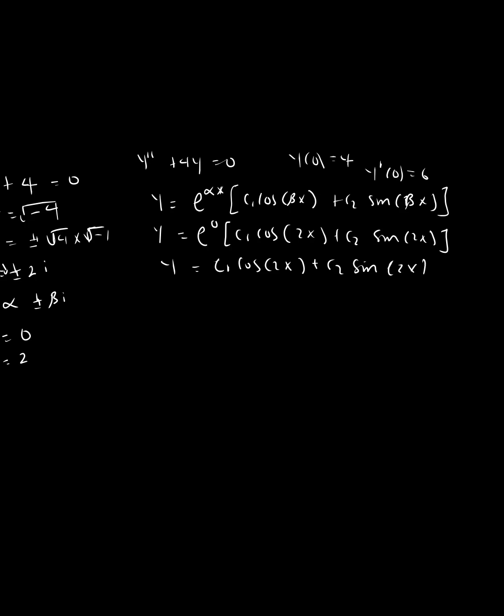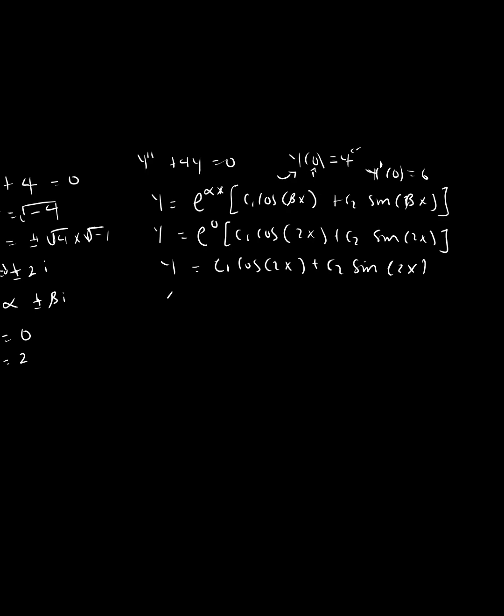Now we have all our values. So now we're going to satisfy the conditions that we have here. We have y of 0 to be equal to 4 and y prime of 0 to be equal to 6. We are going to satisfy these conditions to get our final answer. So what this means is that 0 is going to be our value for x and 4 is going to be our value for y.